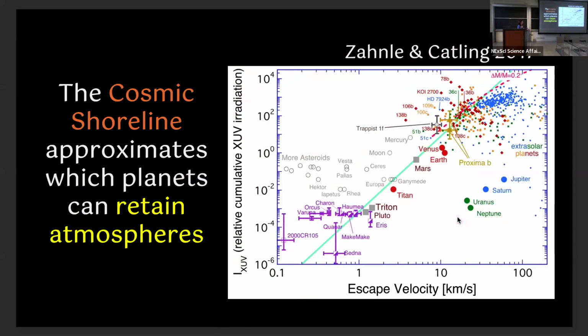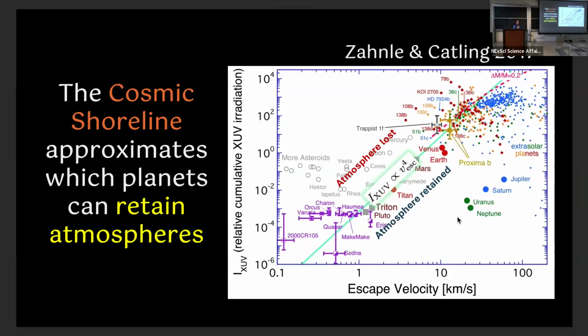And when they add this line shown in green, which is the XUV proportional to the escape velocity to the power of 4, they find that the line nicely subdivides our solar system into two halves. Above that line, you have the bodies that don't have atmospheres. And below the line, you have bodies that do have atmospheres.